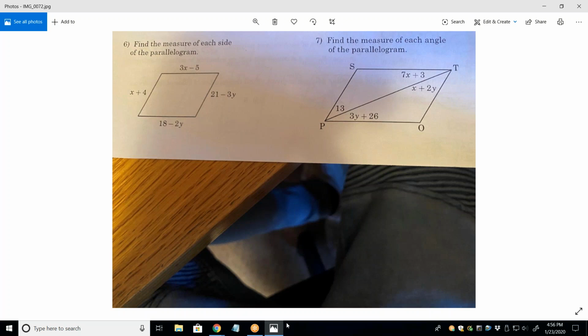So then 7x plus 3 equals x plus 2y. And what is y? Y is negative 13 thirds. Okay, now solve that equation for x. So you will, okay, hold up.